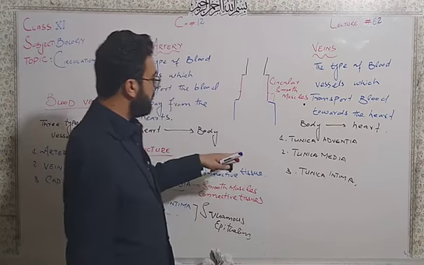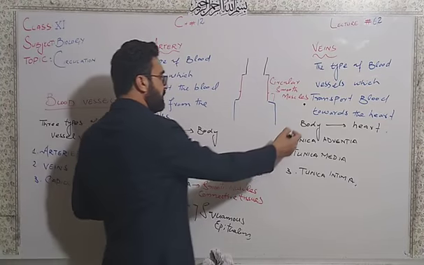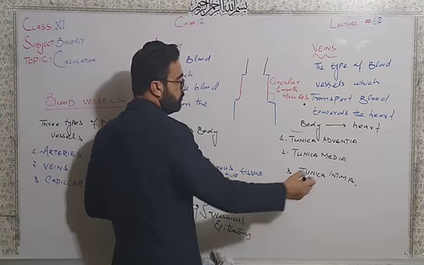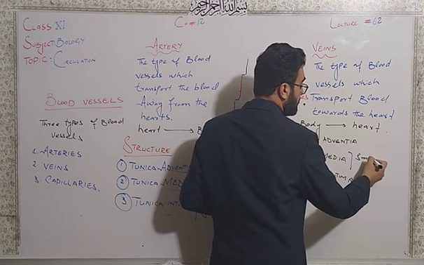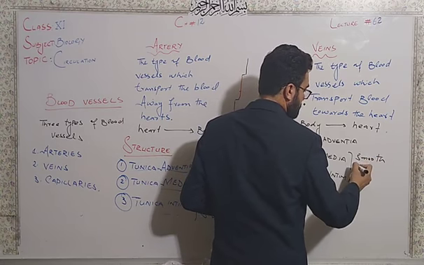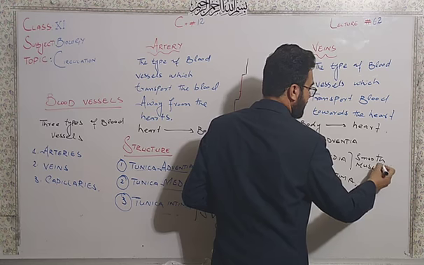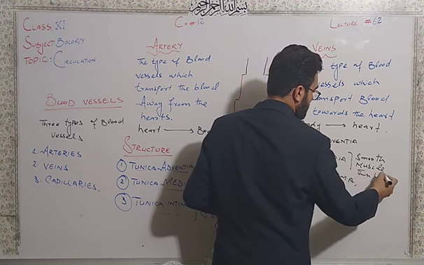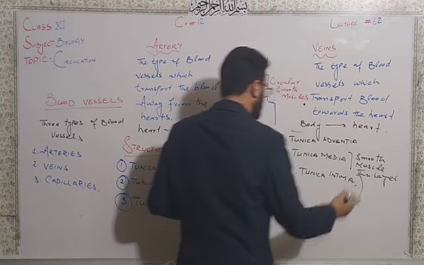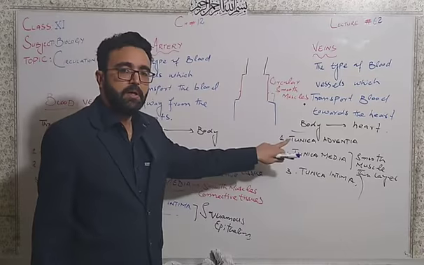Tunica adventitia, tunica media, again fibrous connective tissues, smooth muscles, but the smooth muscles are just a thin layer. Thin layers. And then tunica intima, squamous epithelium.